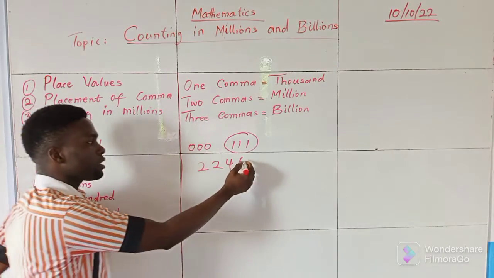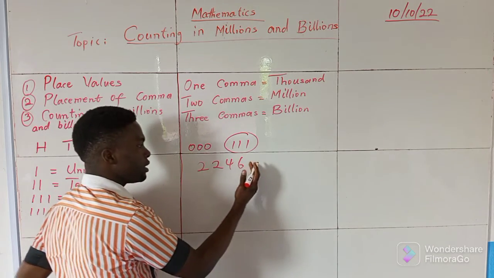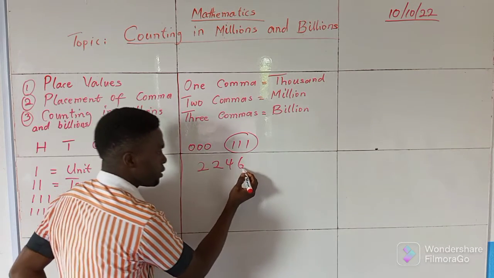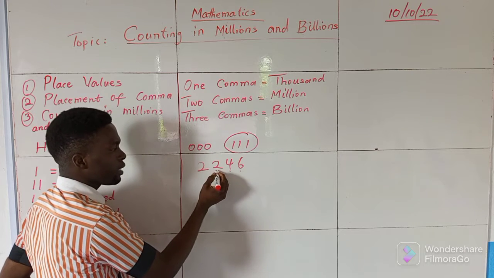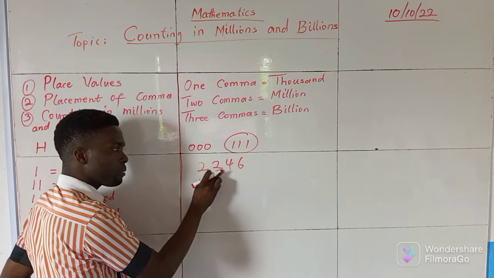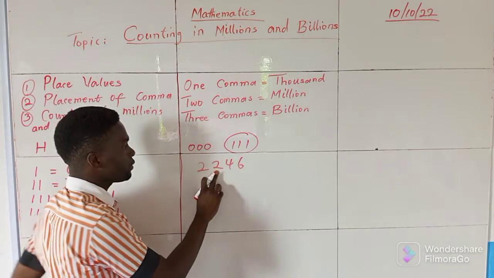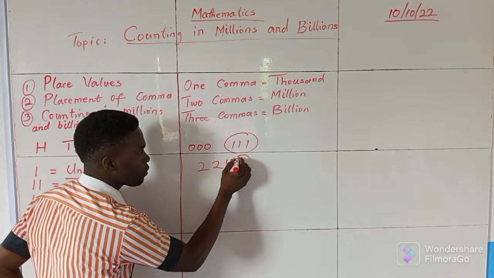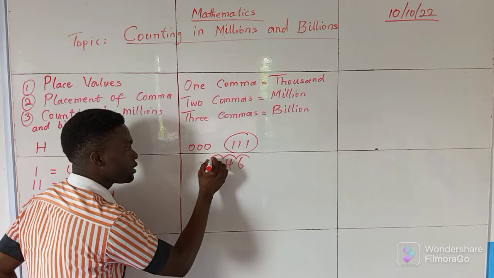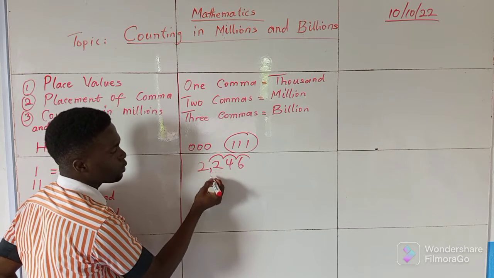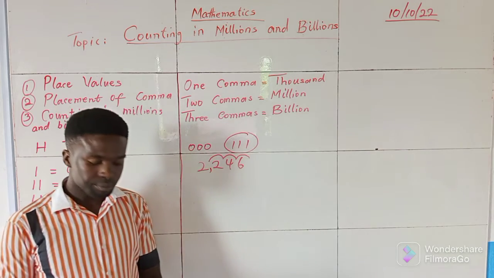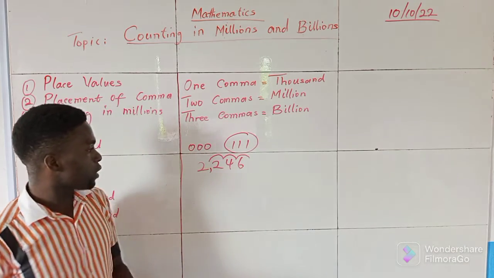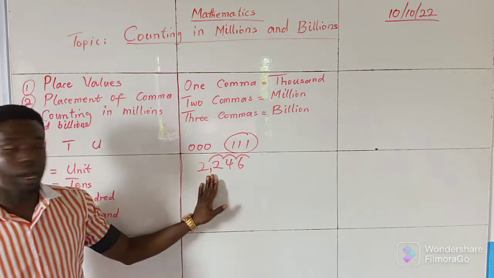You now start from the 6, which is the last digit here. 6, this is 1, 2, 3. This is not the comma, I'm just pointing the numbers for you. Or let me just put it this way: 1, 2, 3. Here you are going to put your comma. Are you seeing it? This is where you are going to have your first comma.